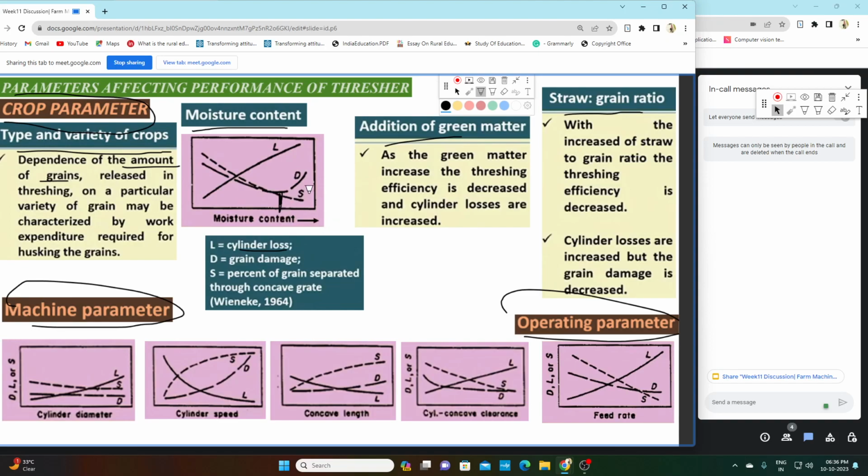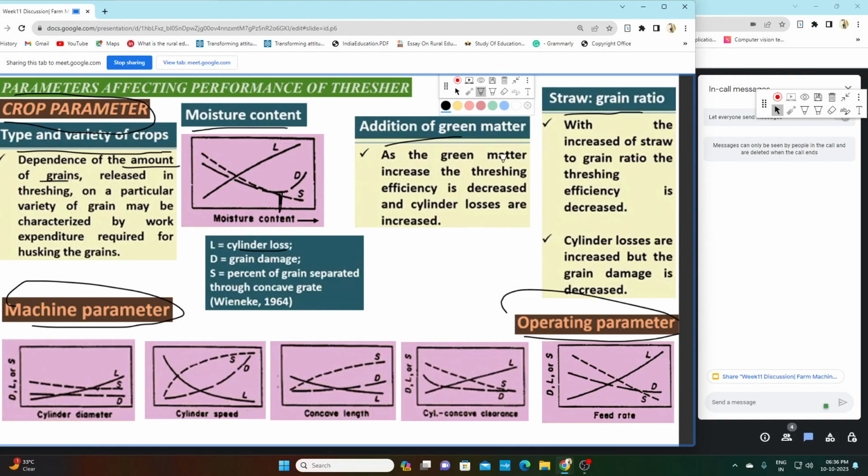So why are these things happening? Because whenever we are increasing the moisture content of the grain, the grains get stuck on the cylinder walls. That is why the percentage of grain separation gets reduced when we increase the moisture content. So that is about moisture content.